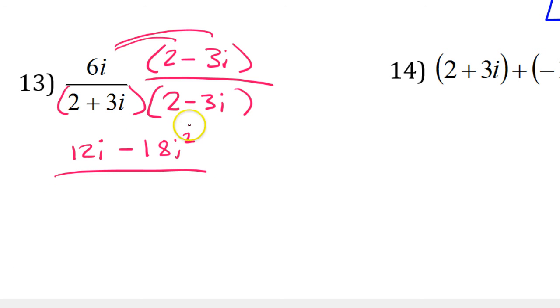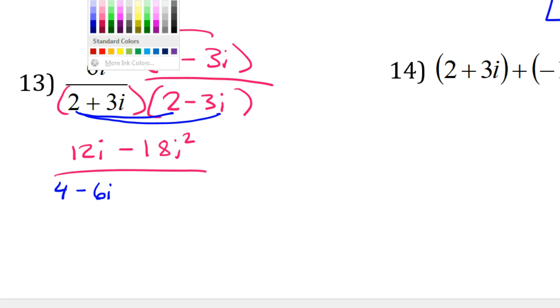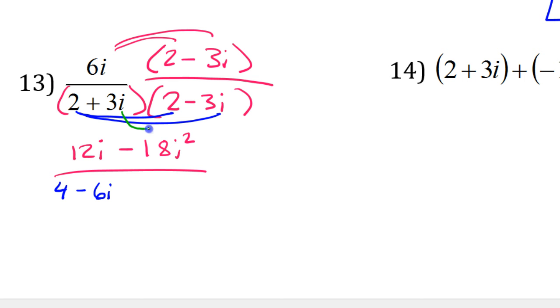All right, now down here in the denominator, I've got to do some double distributive property. So, for example, I'm going to multiply 2 times everything. So 2 times 2 is 4. 2 times negative 3i is negative 6i. All right, and now I need to distribute the 3i like this. 3i times 2 is positive 6i. 3i times negative 3i is negative 9i squared.